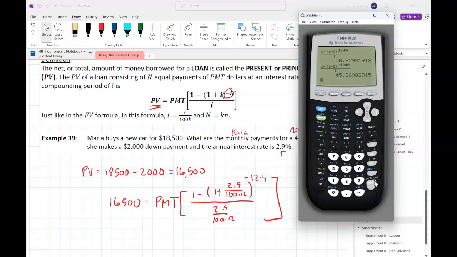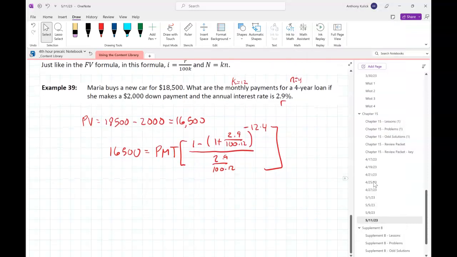Okay, there we go. And then I'm just going to take the 16,500 and divide both sides by that. So my loan payment is about $364.49.